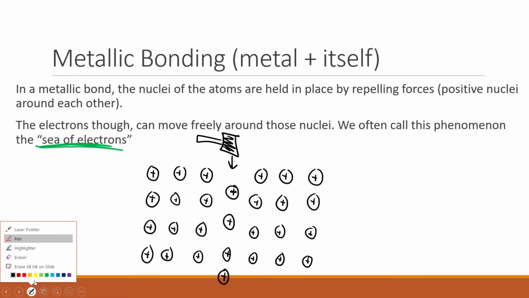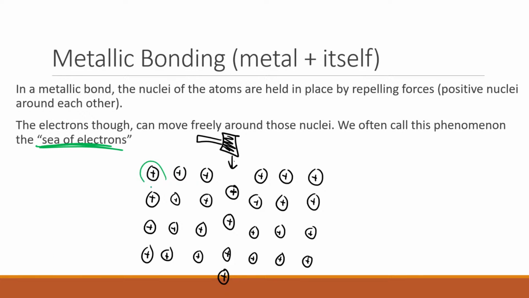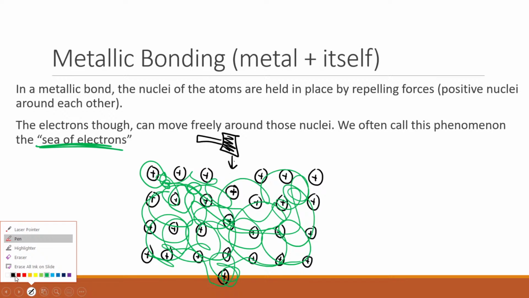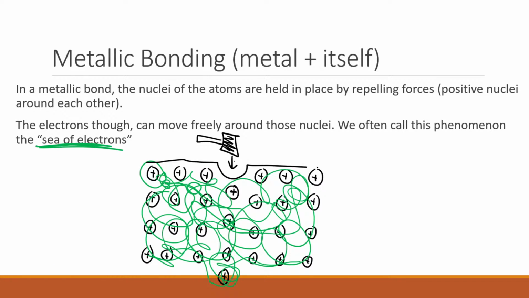Now, instead of the substance breaking, let's just put some electrons back in here. Instead of the substance breaking, what we have is a dent being formed. Instead of it shattering into pieces, I just dented my piece of metal.